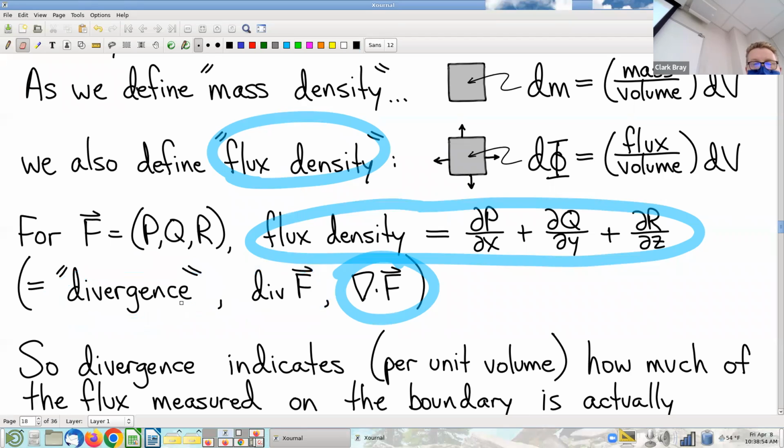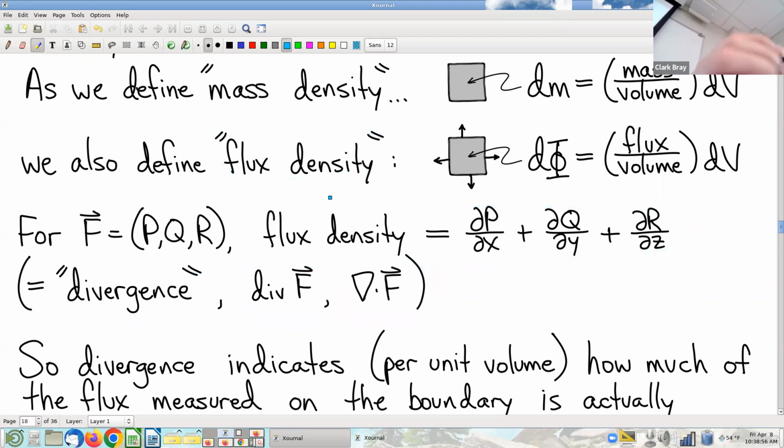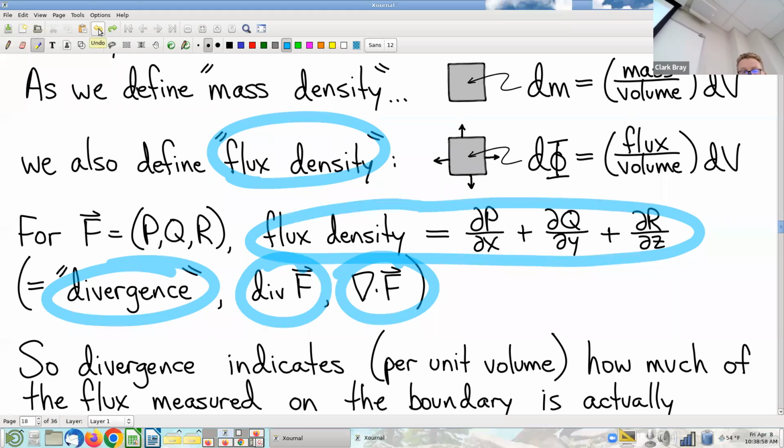Pausing on that, let me leave this highlighted. One thing to keep in mind: all of these things that I have circled in blue mean the same thing. Del dot, div, divergence. Of course, these look pretty similar, that's not a surprise. But this formula and flux density, they all are talking about the same thing.